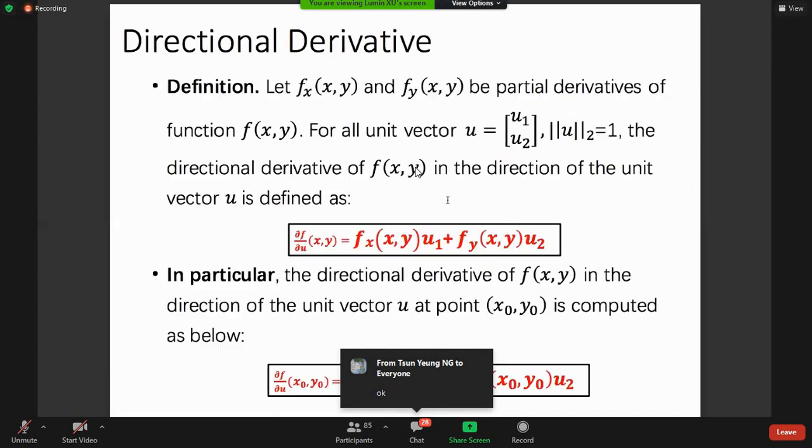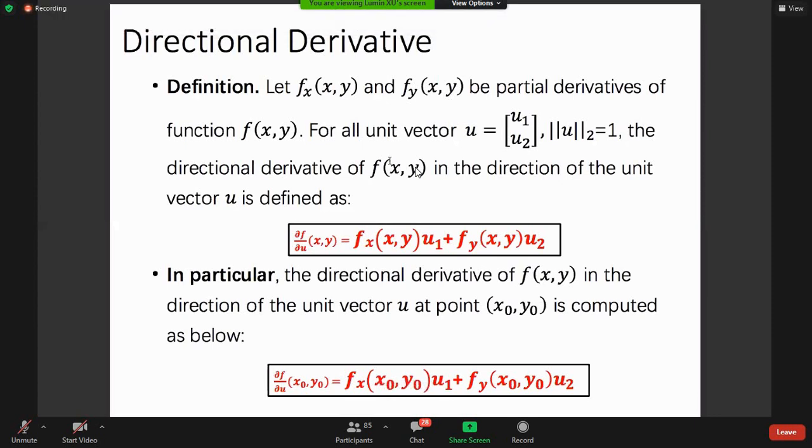Good. Okay. Now let's move on to the definition of directional derivative. And this equation represents the definition. We should first decide the unit vector of the direction.